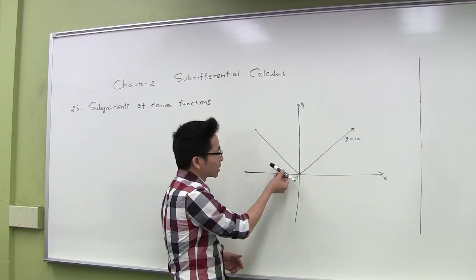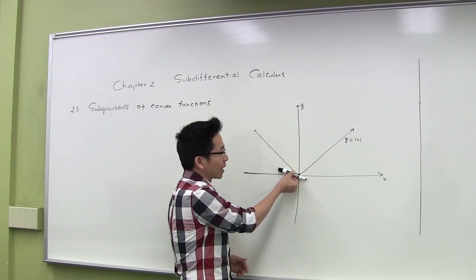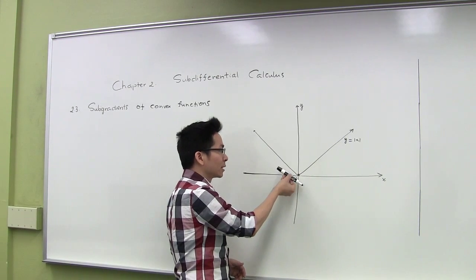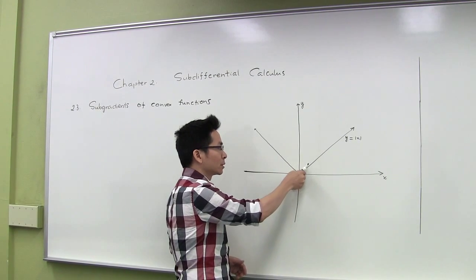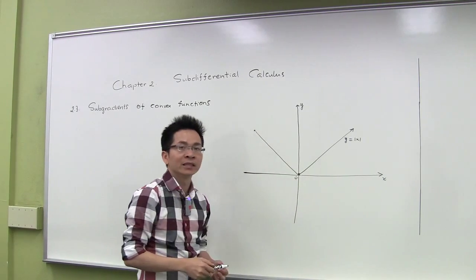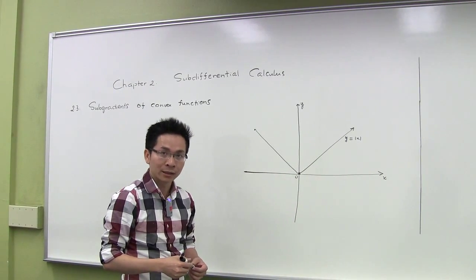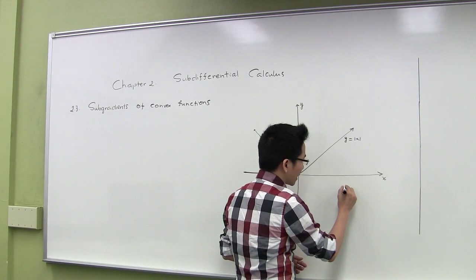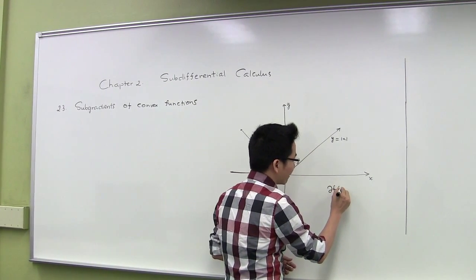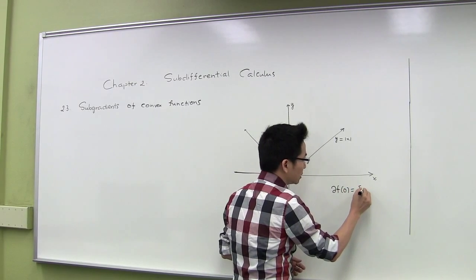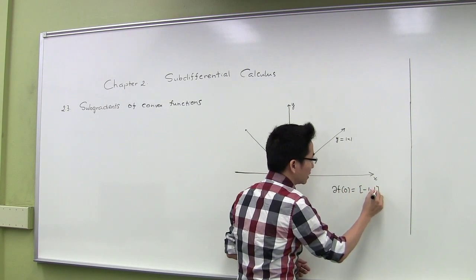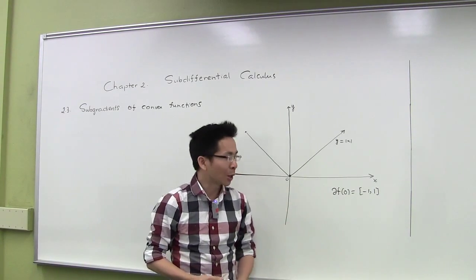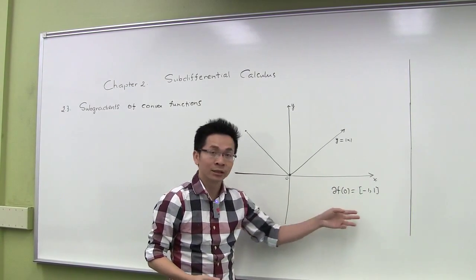But if we look at the slopes of all subtangent lines for the function at 0, we see that these slopes form the interval minus 1, 1. So we anticipate that the subdifferential of the function f at 0 is the closed interval minus 1, 1. And now I'm going to go ahead and show that this is true.